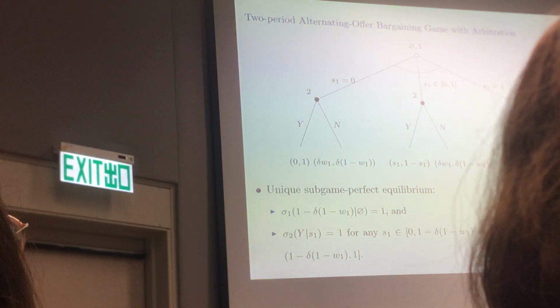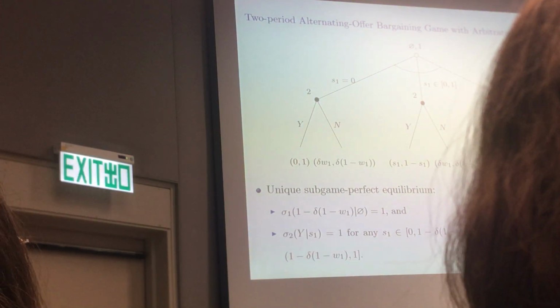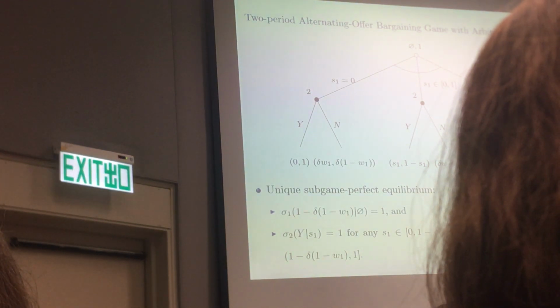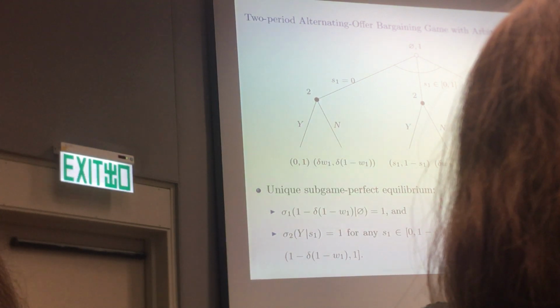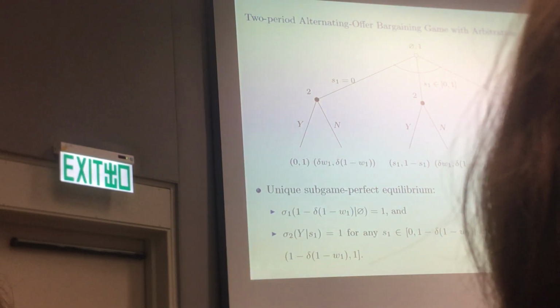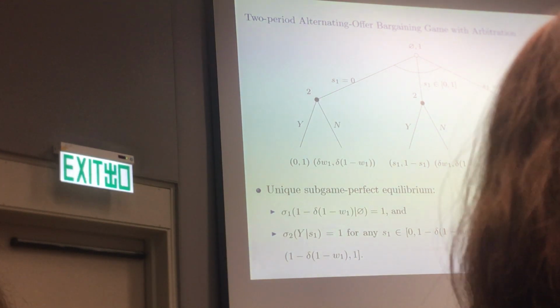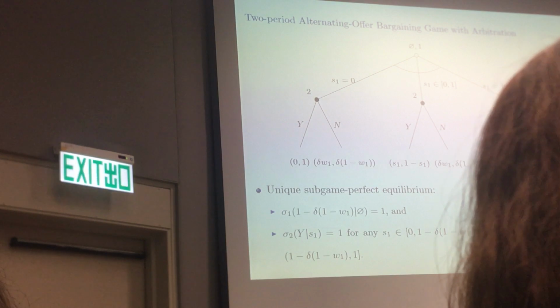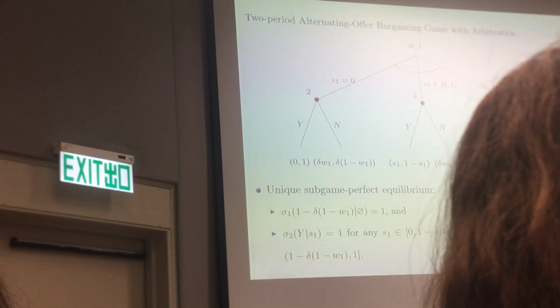Okay, so then what is this? This is just another ultimatum bargaining game with an arbitration process. Of course, the story is a little bit different, but there is some payoff that player 1 and player 2 can enjoy if they fail to reach an agreement.